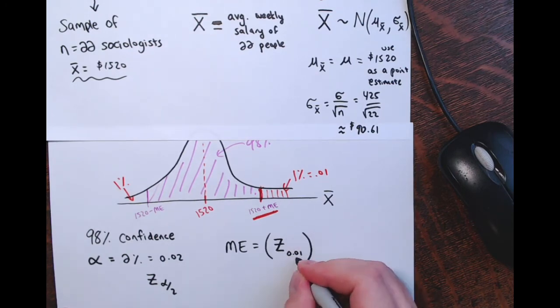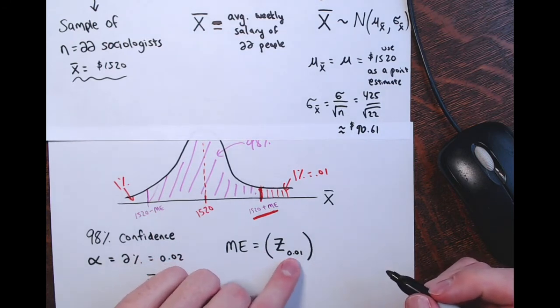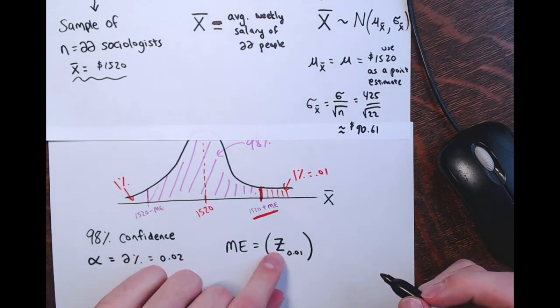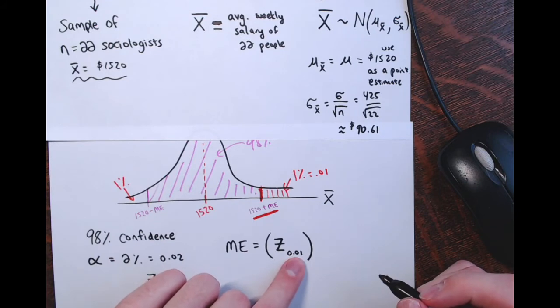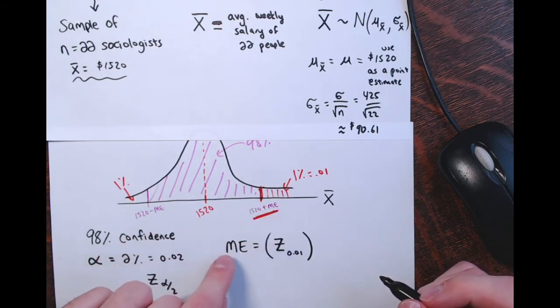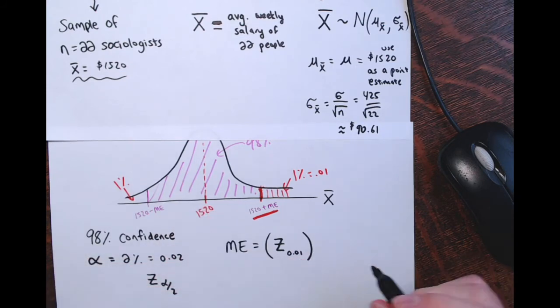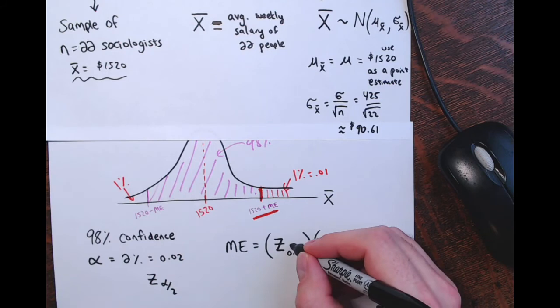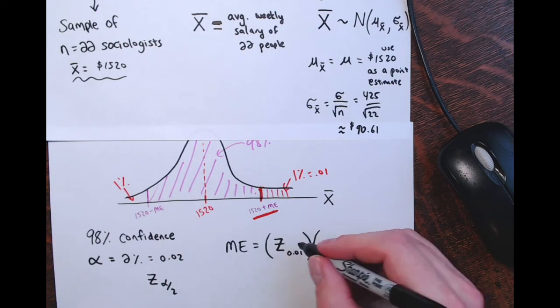So you'll see this a lot, a z-score with some number below it. This means what's the z-score with this area above it, or to the right. And I'm this many standard deviations above the mean. So I need this many, whatever z.01 is, standard deviations.